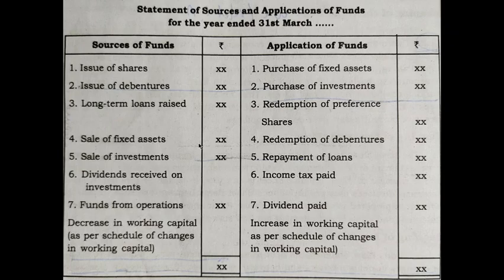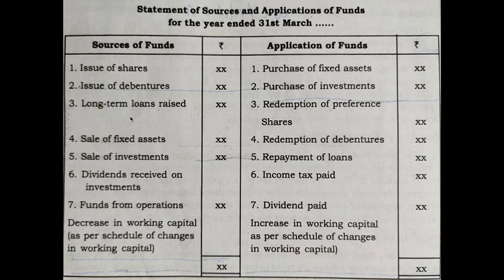So if you go through the items on the source side, you can understand that all those transactions through which you have earned income or cash is considered as a source. And one more thing, you can see that fixed liabilities are here and fixed assets are here.